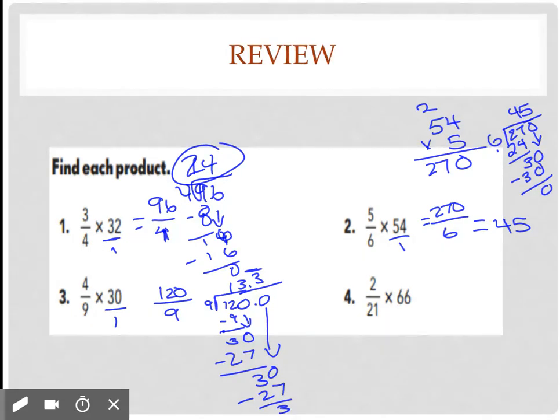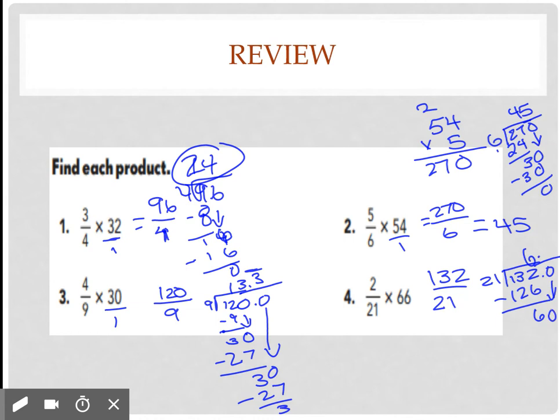So 22 over 21 times 66 would be 132 over 21. Again, I perform long division. 132 divided by 21. 20 would go into 136 times, so I'm going to try that. So that would be 126. I subtract, I get 6. I'm going to add my decimal and a 0.